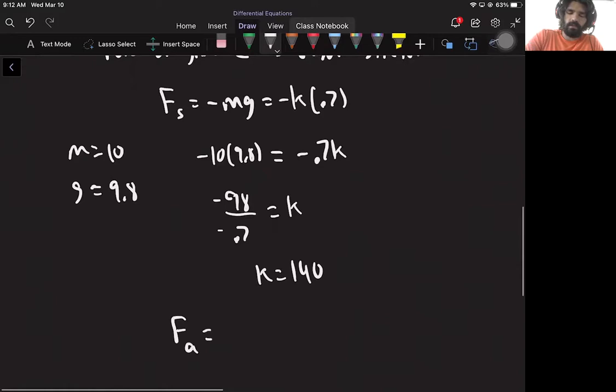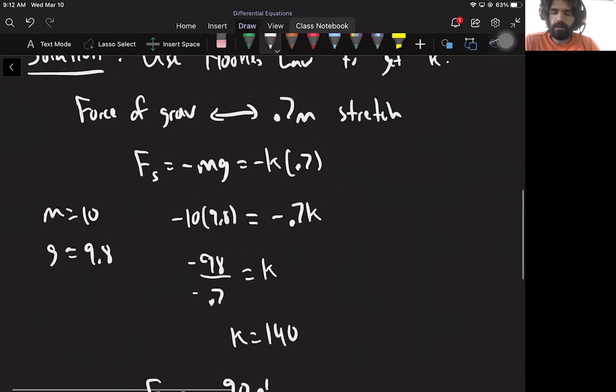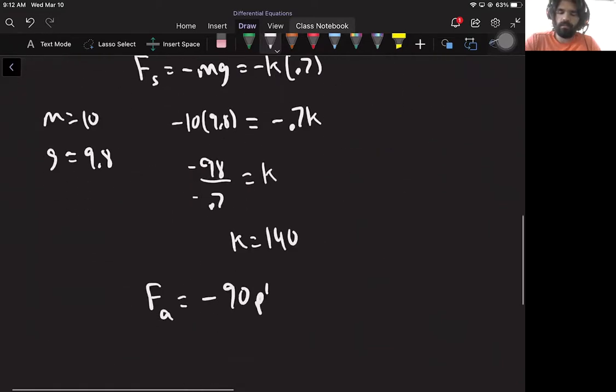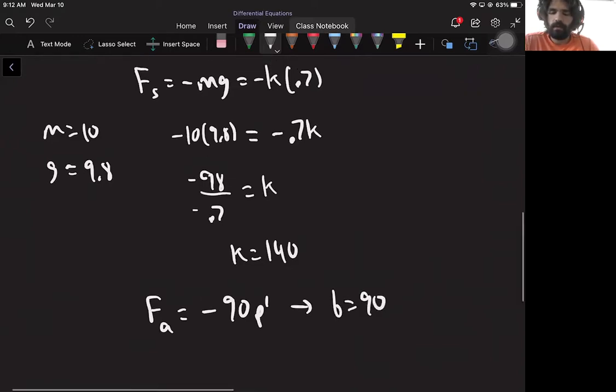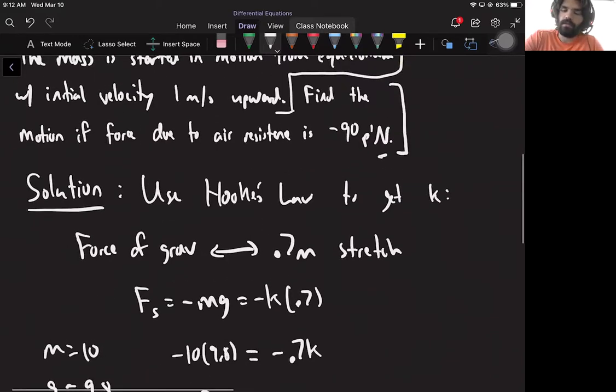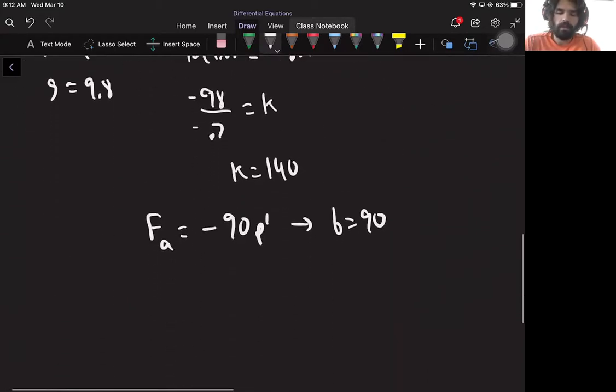The air resistance we're just given is negative 90 P prime. So that tells us B is 90. This N here is newtons. It's a unit of measure. It's not part of the equation or anything.